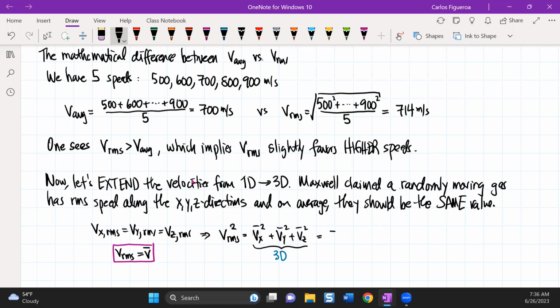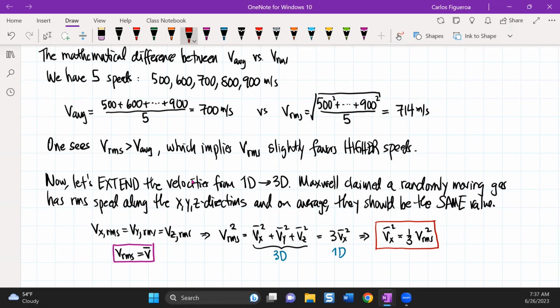So it's now 3Vx bar squared. This is the 1D value. So Maxwell says that Vx bar squared is equal to 1/3 of VRMS squared. This is Maxwell's conclusion.